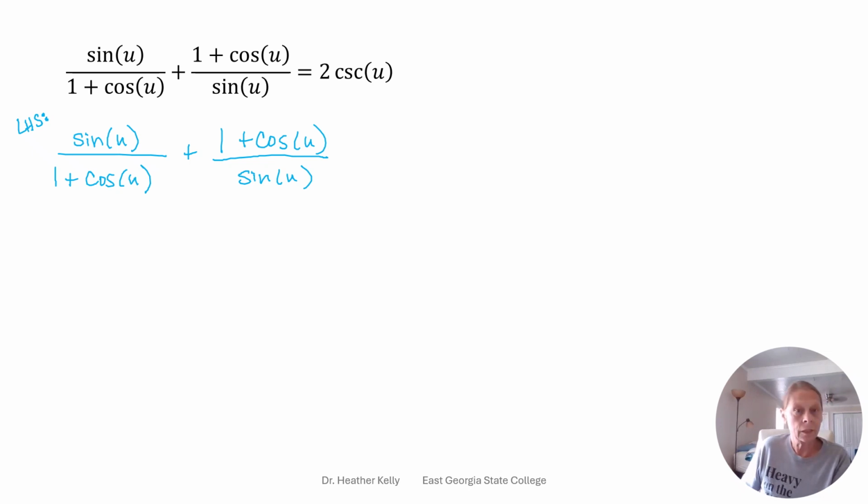So let's get an LCD. Okay, and this side's going to be sine u over sine u. And because we don't have an equation, we can't cross multiply. But this is going to work for us. And this is going to be 1 plus cosine.